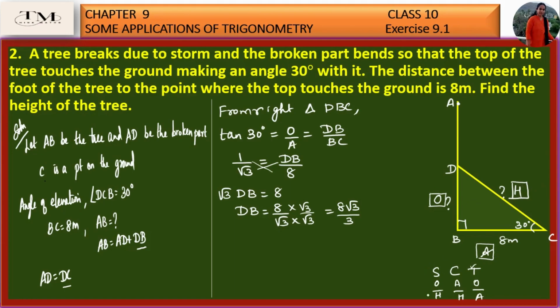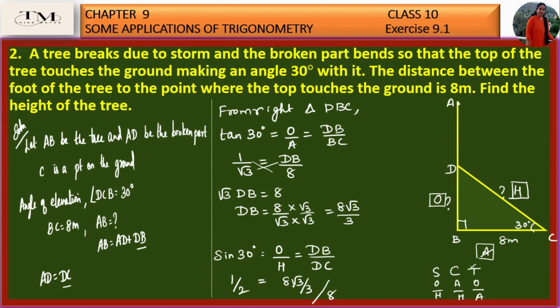Opposite by hypotenuse is matching for sine. So sine 30 degrees equal to opposite by hypotenuse. So opposite side is DB, hypotenuse side is DC. So what is sine 30? Sine 30 is 1 by 2. What is DB? DB we found as 8 root 3 divided by 3. What is DC?